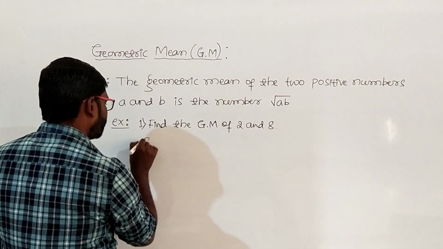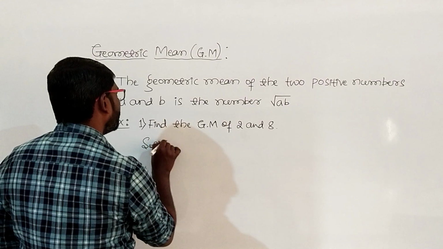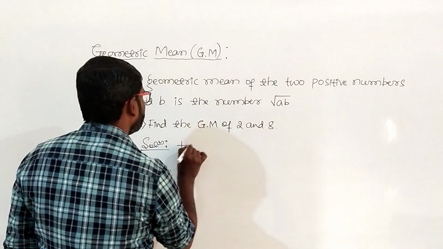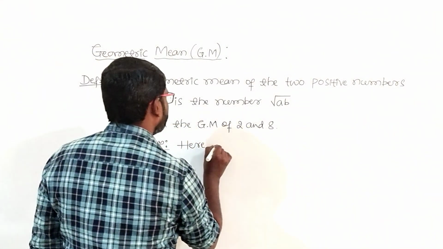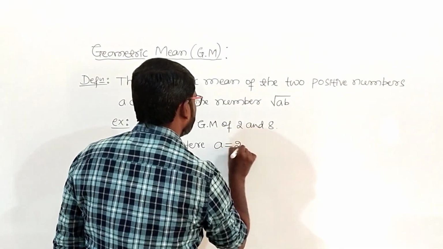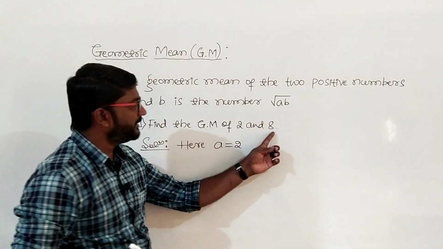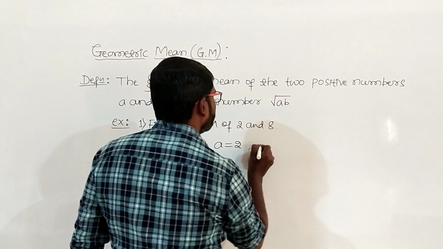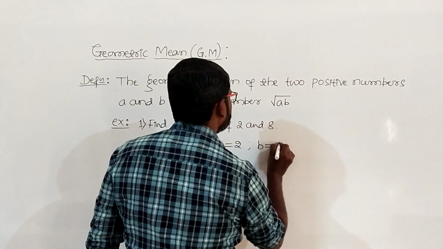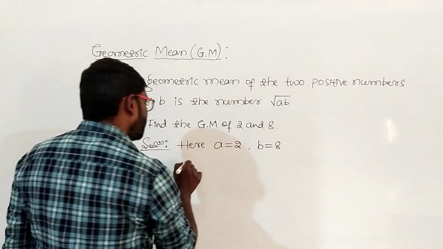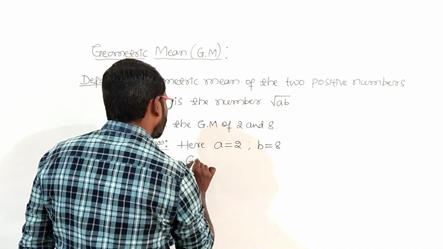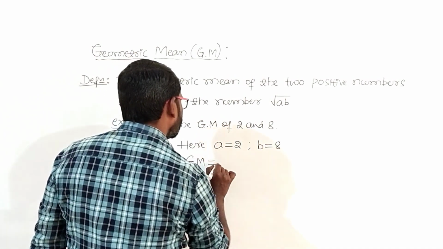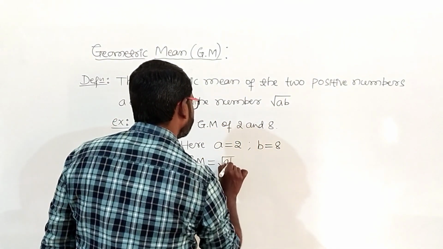Now we'll go for the solution. So here a is equal to 2 and b is equal to 8. And then what is the geometric mean formula? It is square root of ab, GM is equal to root ab.